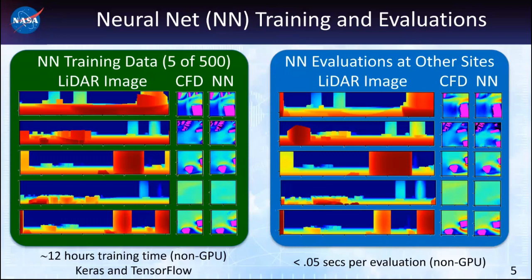It took us about an overnight session on just a commodity laptop when we first did this. But what's really exciting is that the evaluations for these types of networks can happen kind of lightning fast. As a matter of fact, these were taking less than 5/100ths of a second.